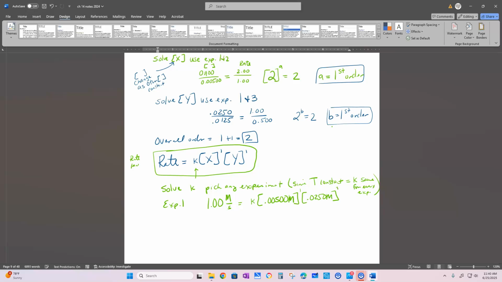So first thing you want to do, let's go ahead and take care of this. If you had any squares or cubes, you would take care of that. But they're both 1 and 1, which means we're just going to multiply these two numbers together. So 0.00500 times 0.0250. Okay? So I'm going to get a really small number, 1.25 times 10 to the negative 4.